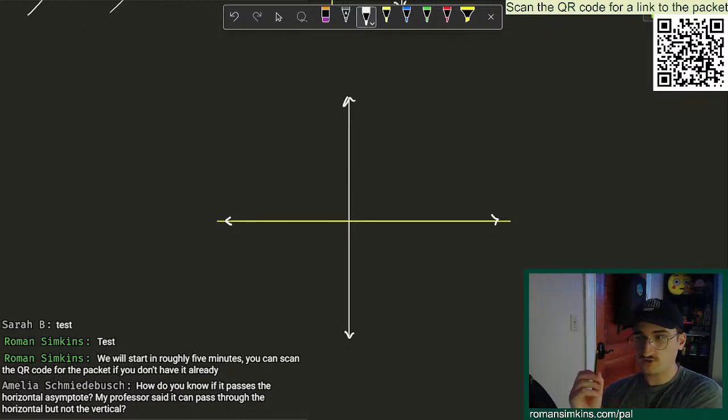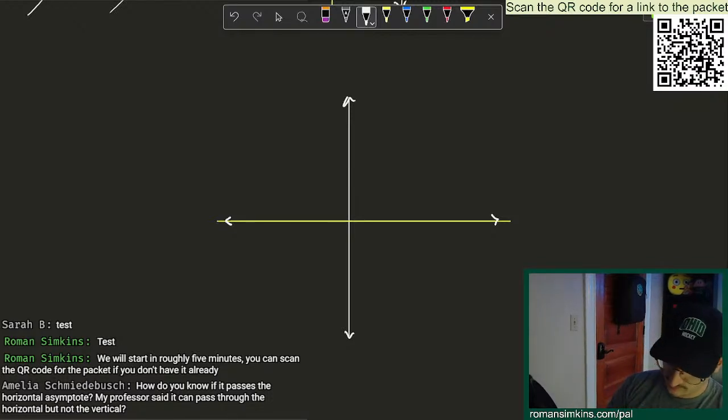But for a horizontal asymptote, let's think about a case where we might allow this. Case number 1: you have a 0 that lies on a horizontal asymptote. Say you had a horizontal asymptote of y equals 0, and one of your zeros ends up being right here. Your function has to pass through that at some point, but it can still follow the behavior of approaching the asymptote at infinity.